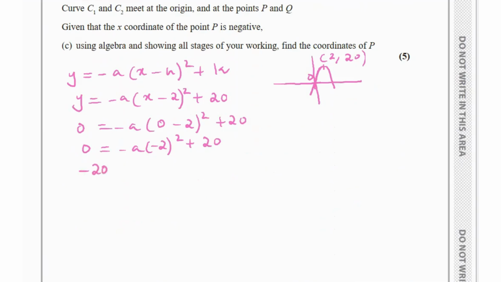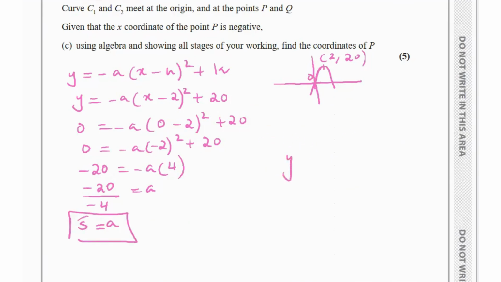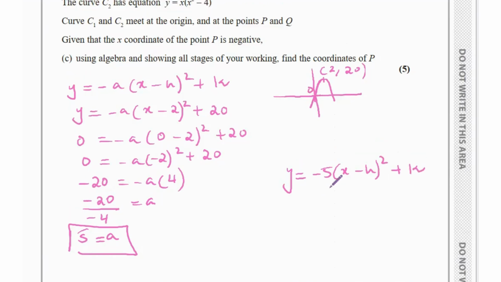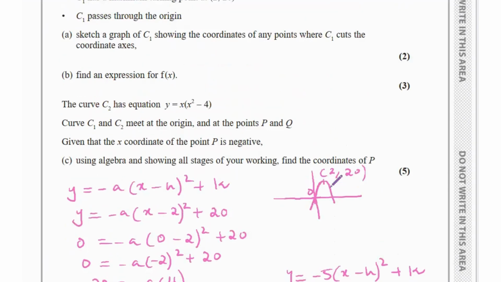Negative 20 equals negative a times 4. Negative 20 divided by negative 4 is a, and that is 5. So y equals negative 5 times (x minus 2) whole squared plus 20. That is your equation. So we're going to use this information to sketch it.